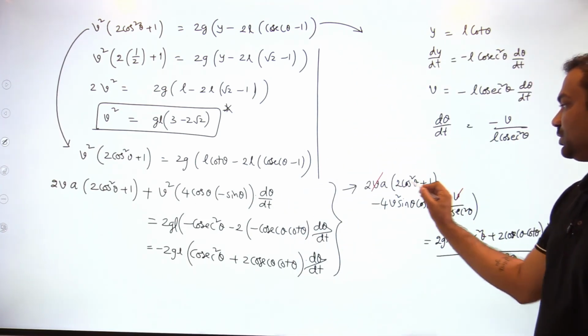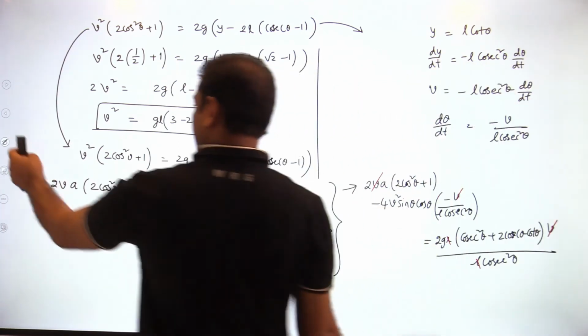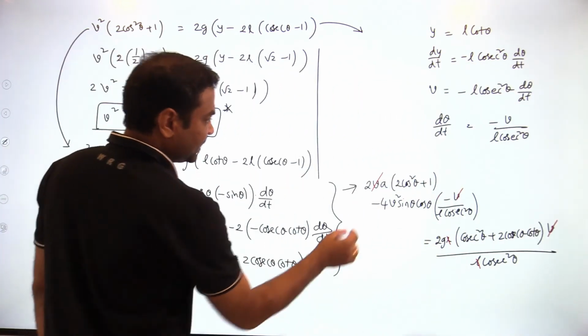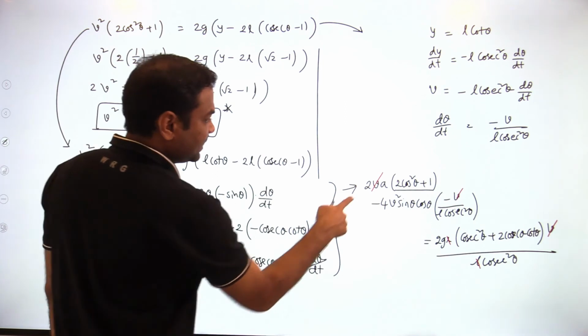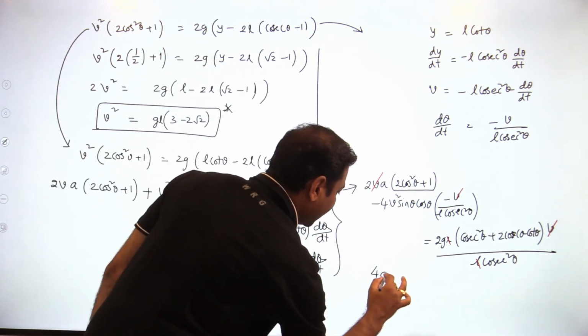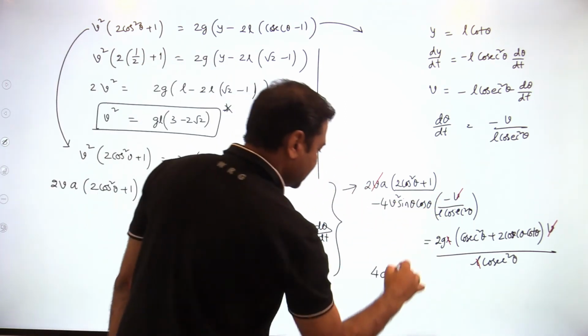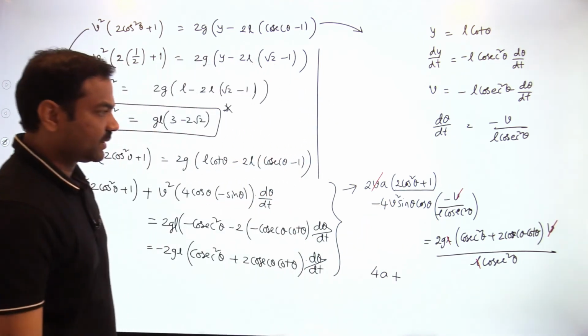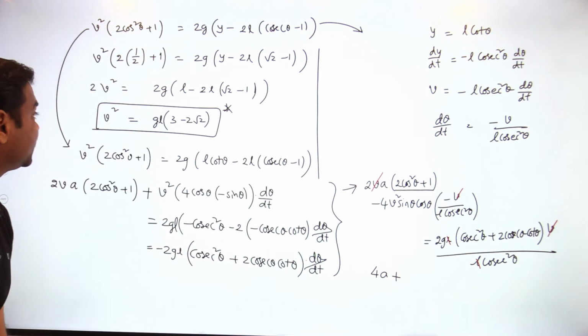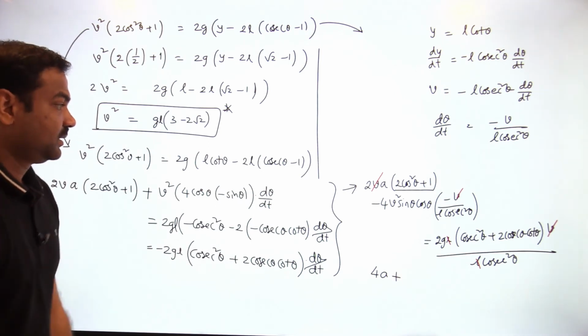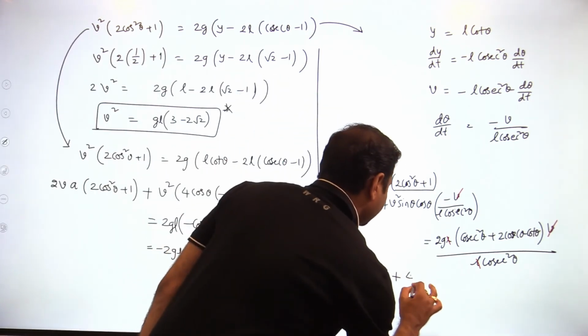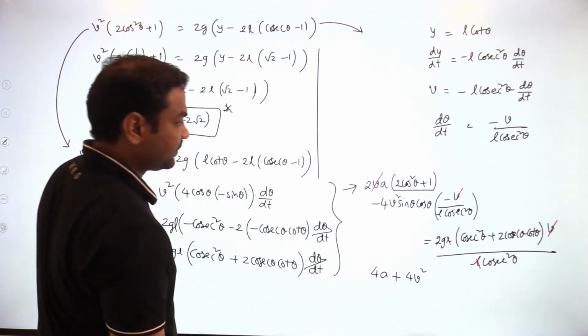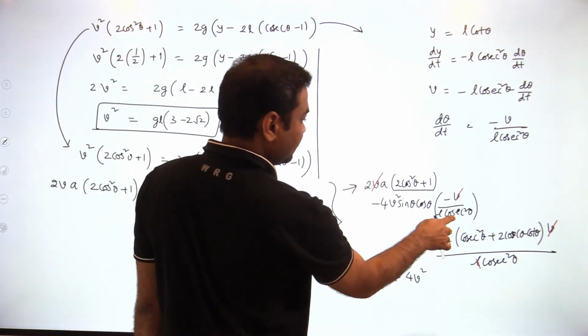So this value will become 2. So I am simplifying everything. This value will become 2 and this is 2a, so it will become 4a. Minus of minus plus, into here v square term is there. V square term is kept. 4 into v square, v square into sin theta cos theta by cosecant square theta.